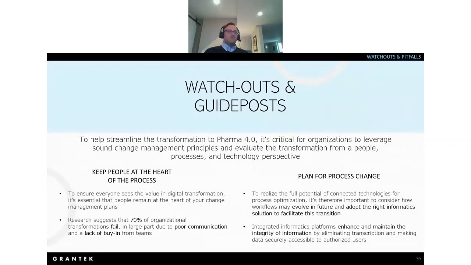Integrated platforms bring data together in a meaningful, organized way, simplifying retrieval and allowing operations to be managed as a single workflow. These data management solutions also enhance and maintain the integrity of information by eliminating transcription and making data securely accessible to authorized users.